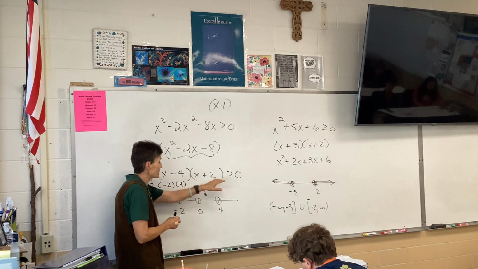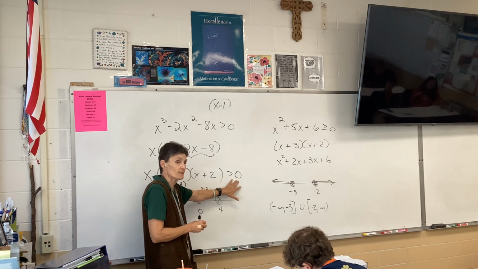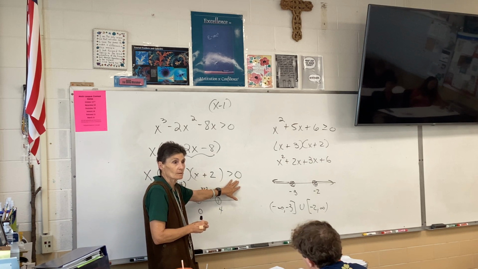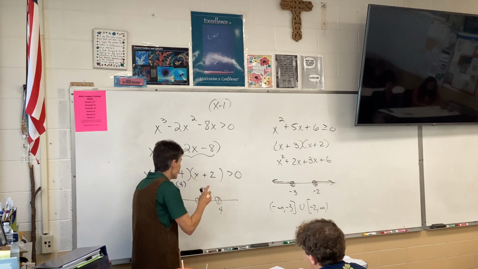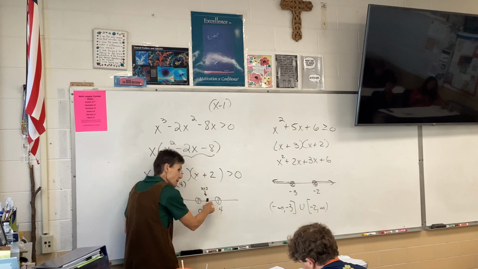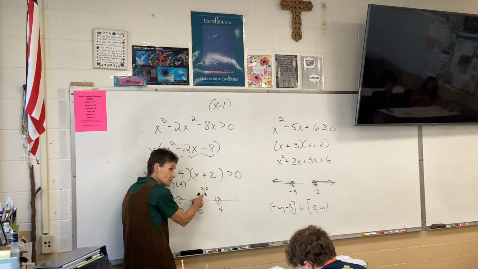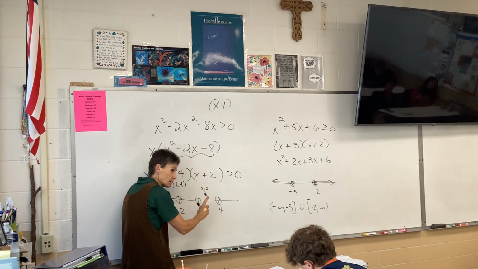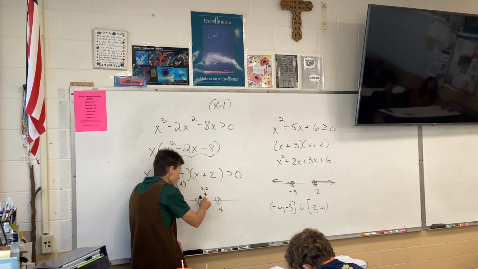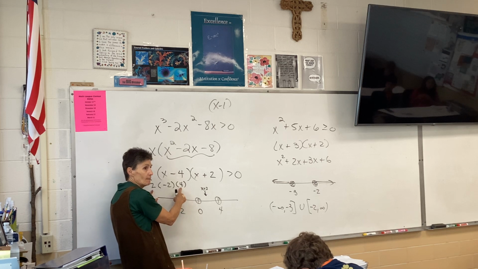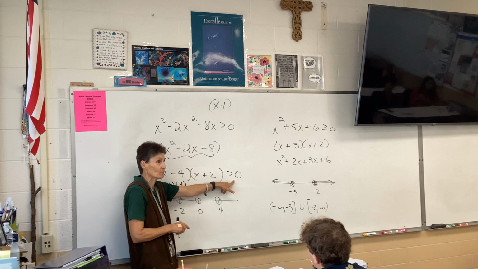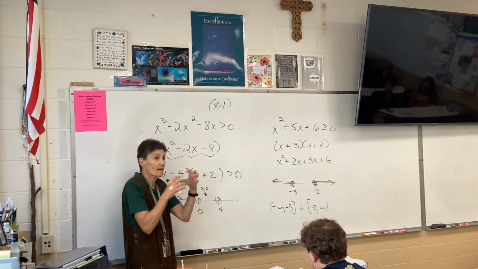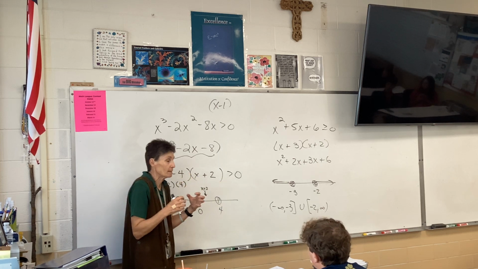Is -16 bigger than 0? No. That means that the chunk of the number line where we picked our number, we don't shade that chunk. Because that number didn't work. It gave us -16, and -16 is not bigger than 0. So if it doesn't work, you don't shade it.